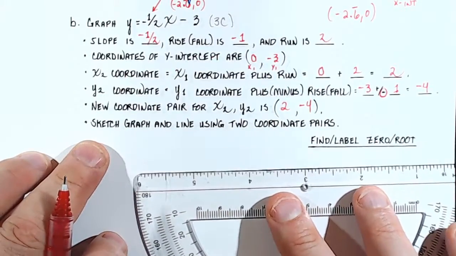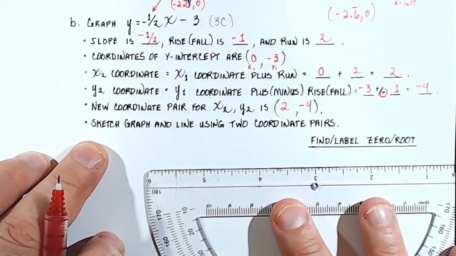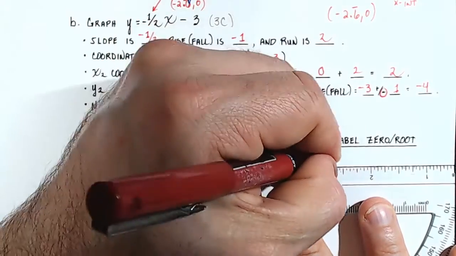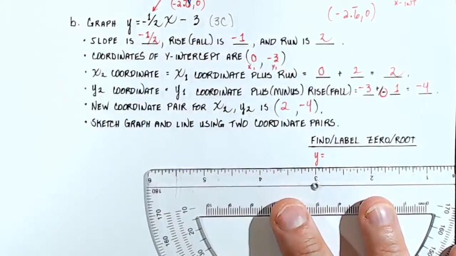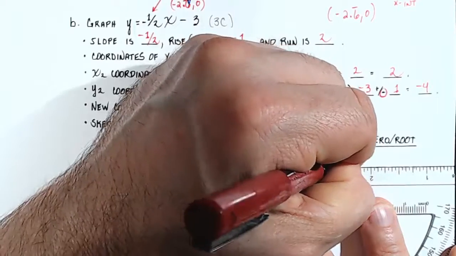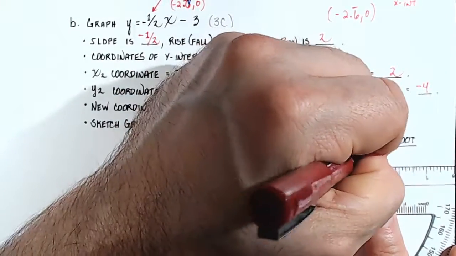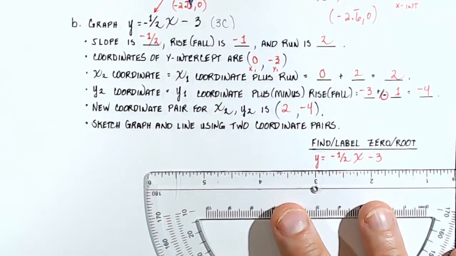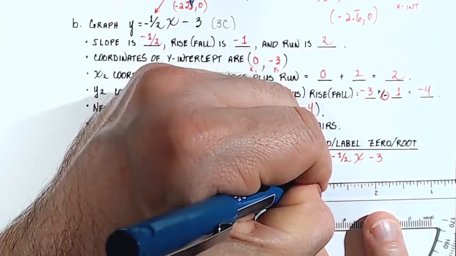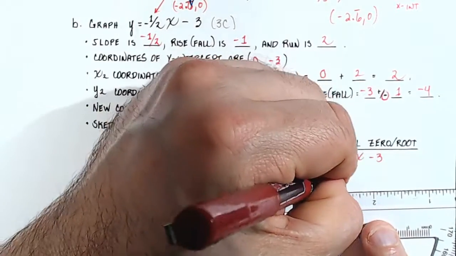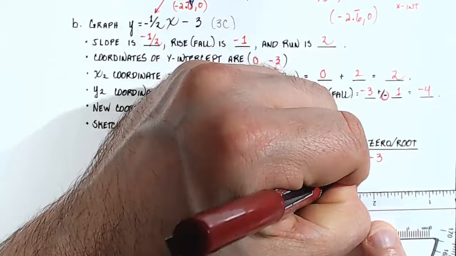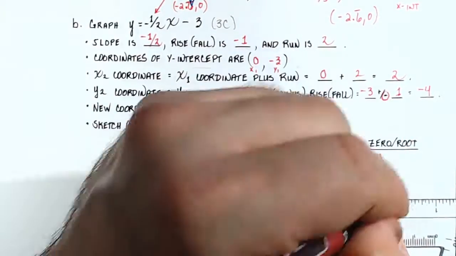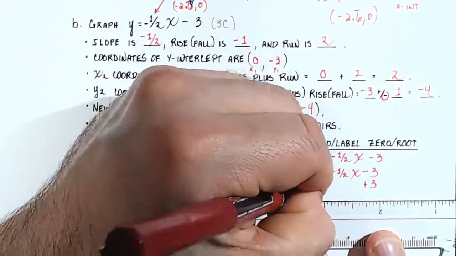Okay, now we'll go ahead and find the root or the 0, and that's the x-intercept. So I'll first rewrite the equation. Y equals negative 1/2 x minus 3. Remember, the first thing we do is we set y equal to 0, and then we solve for x. So I'm just rewriting the equation here, and now I'll solve for x by adding 3 on both sides.